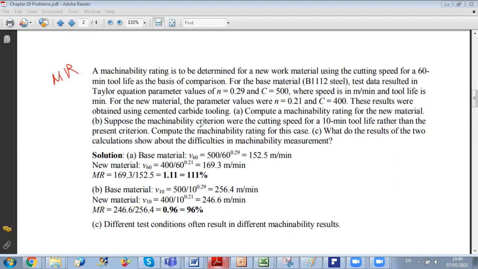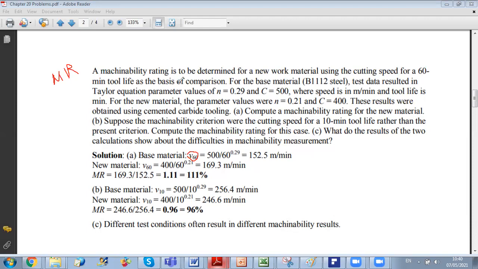One method is to take a base material and determine its cutting speed, and then divide the cutting speed for another material by the cutting speed for the base material to assess the machinability rating. So we can compare if it's a better tool or not in this case.